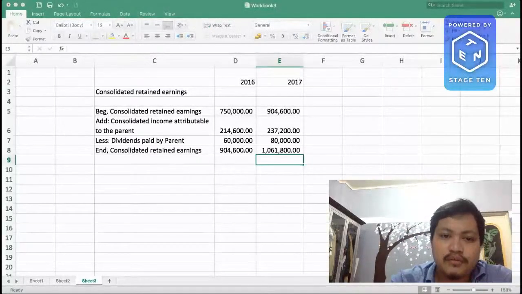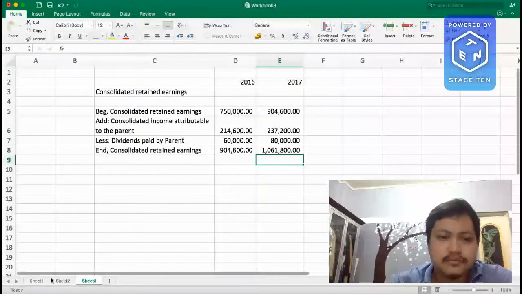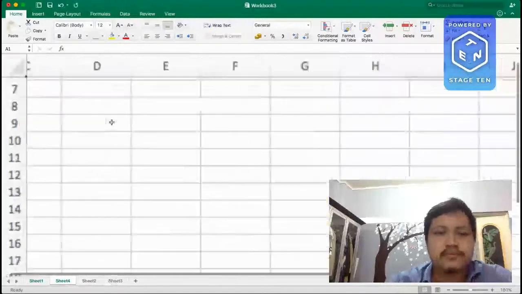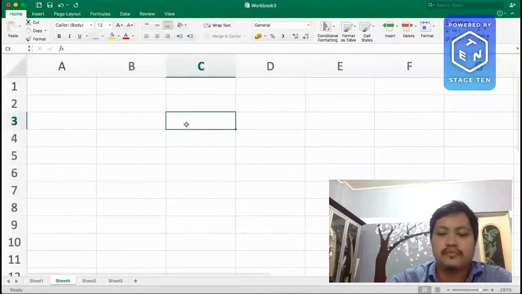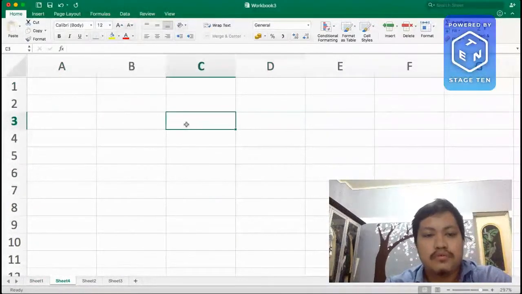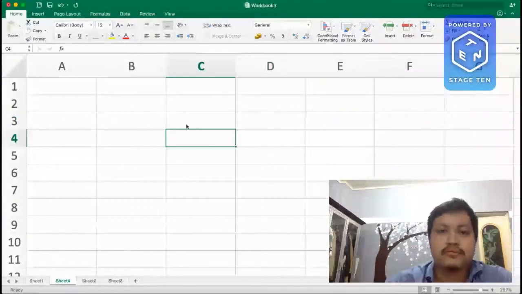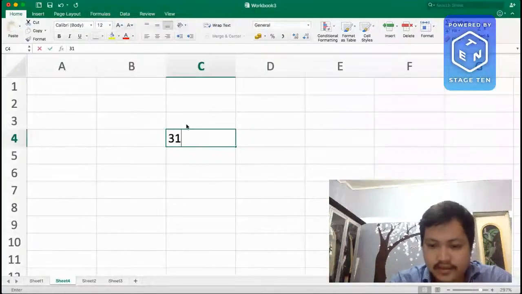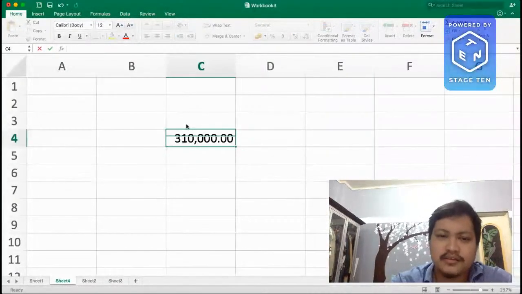If we prepare our table, class, the fair value of the net assets then is 310,000. How did we know?